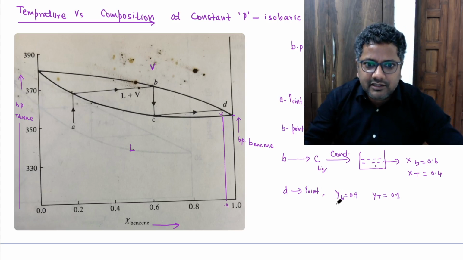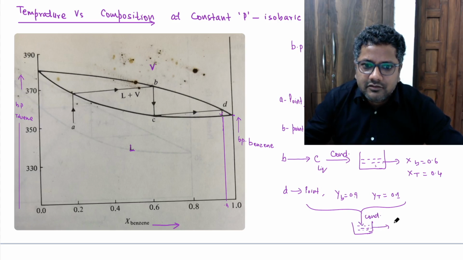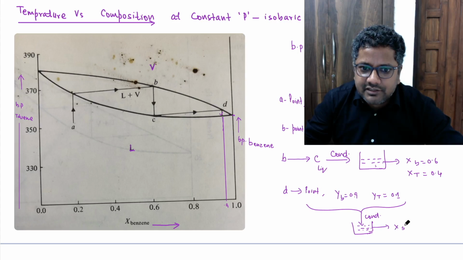So when you condense this, see this condensation is shown here. After condensation you will get in the liquid phase mole fraction of benzene 0.9 and mole fraction of toluene 0.1.